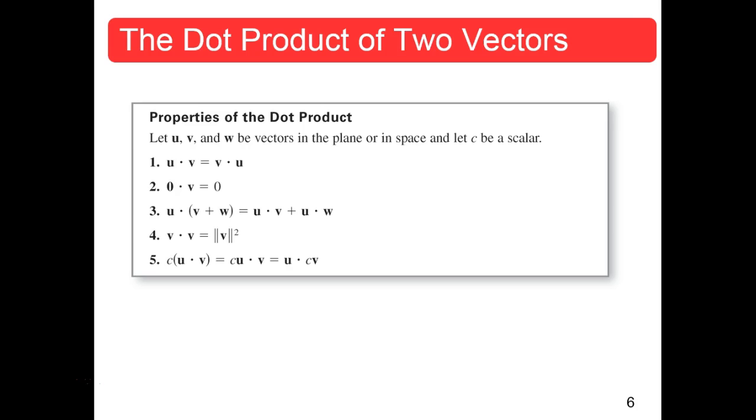If you had to give it a name, that would be it. And that makes perfect sense because the sum of two vectors is a vector. You dot a vector with a vector, you get a scalar. Where you dot a vector with a vector, you get a scalar, plus a scalar is a scalar. So that makes sense. And number 4, if you dot the same vector with itself, you get its magnitude squared.